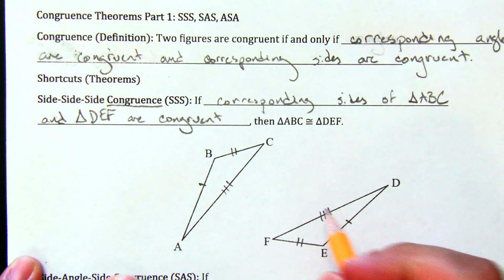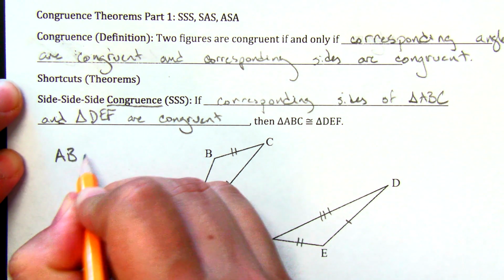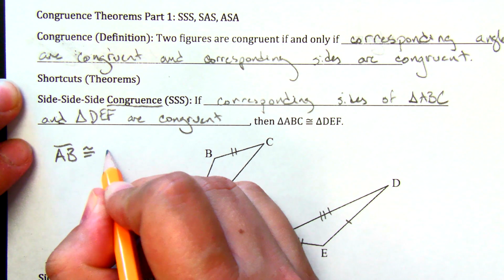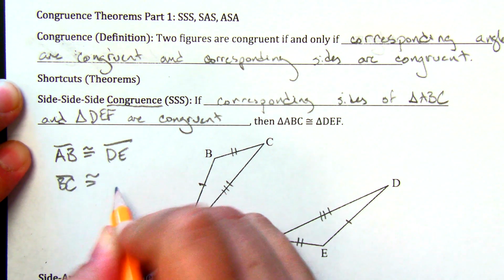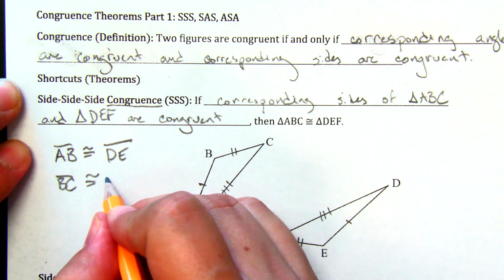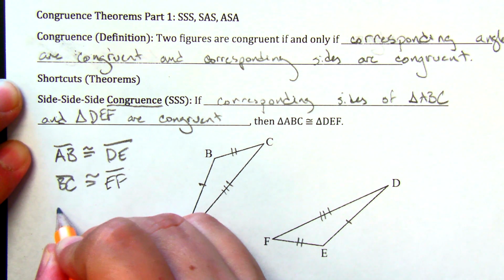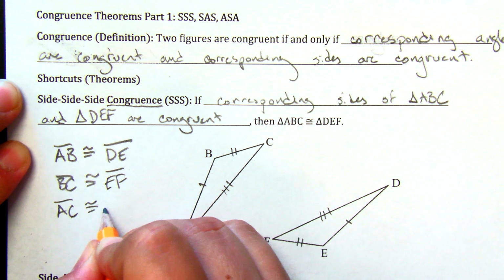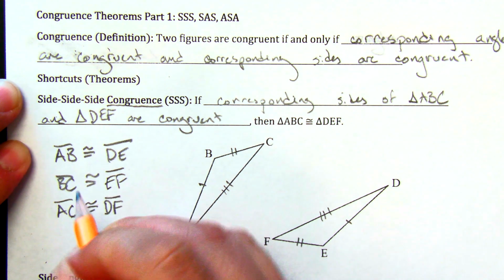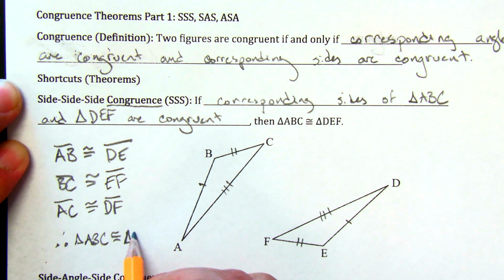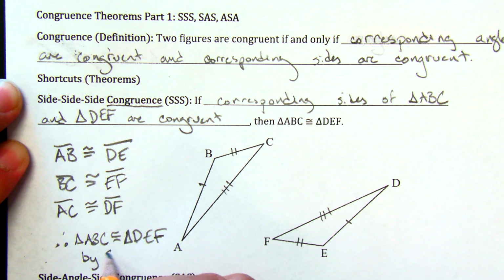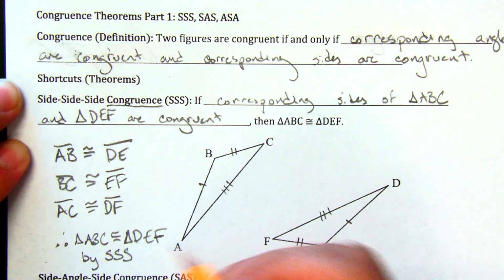If we have AB is congruent to DE, BC is congruent to EF, and AC is congruent to DF, then we can say, therefore, triangle ABC is congruent to triangle DEF by SSS congruence.